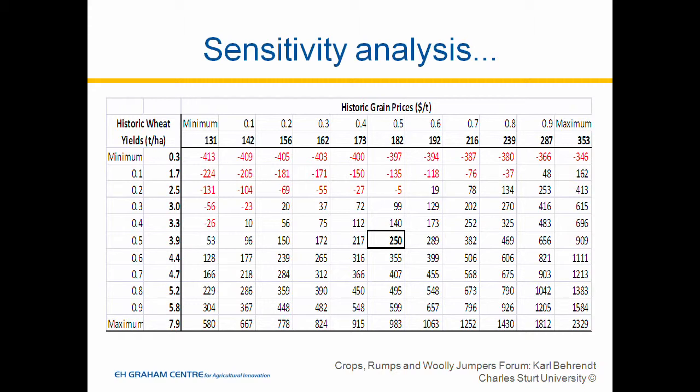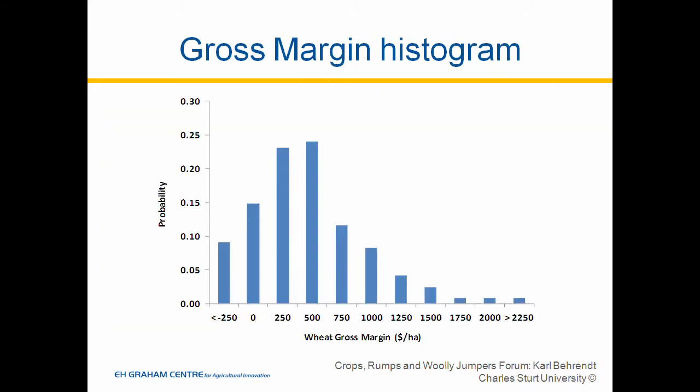So this sort of information very quickly allows you to get a quick snapshot of the risk profile of that particular enterprise. And then you can make the decision whether or not you think that region occurring in the future is probable, if you're comparing this enterprise to another one, for example.